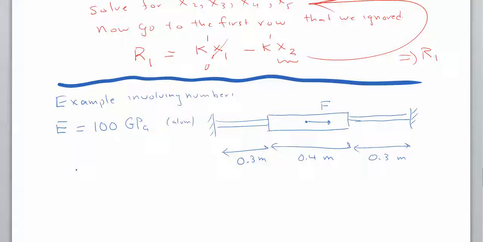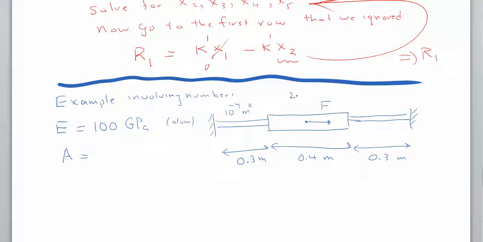And the cross-sectional area is A. For this one, 10 to the minus 4 meter squared.